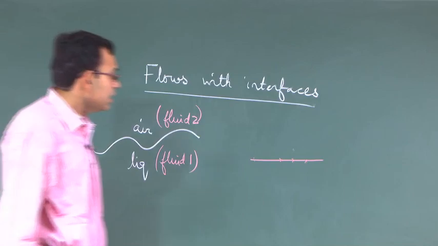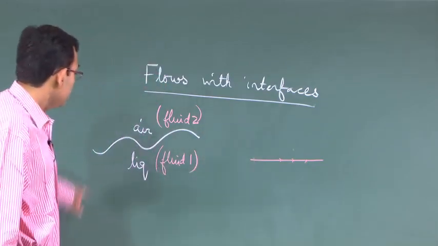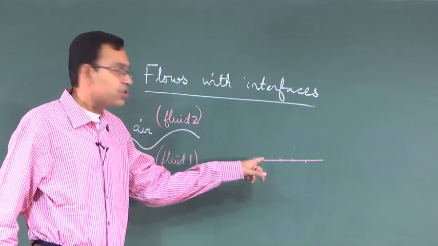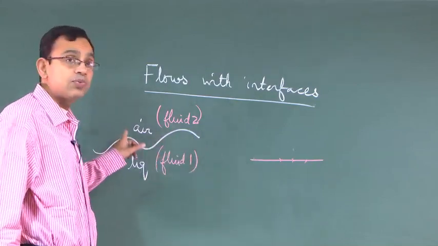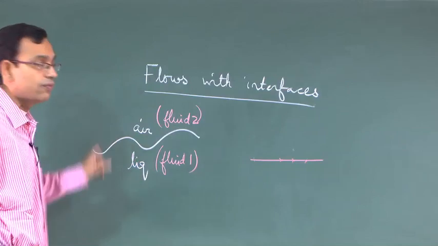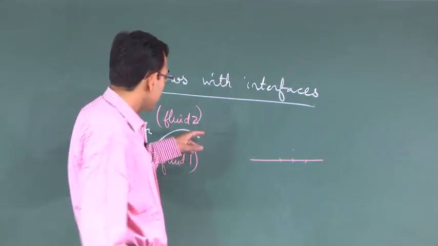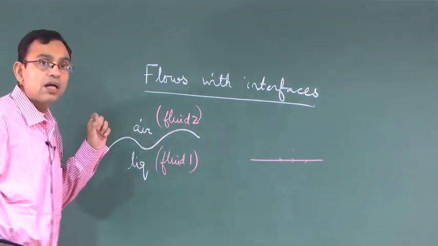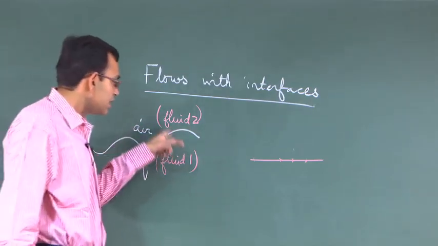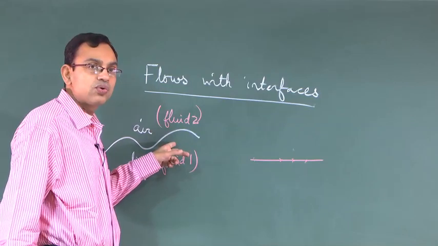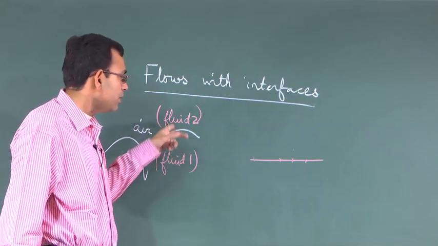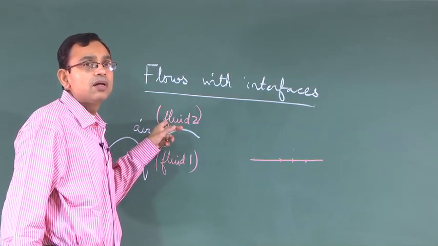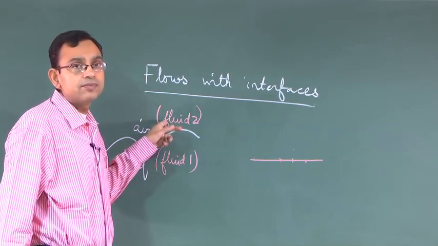The question is, instead of a solid boundary, if you have a boundary like this, the difference between this solid boundary and this boundary we have to conceptually understand very carefully. This is a boundary which can dynamically evolve. This discussion not only pertains to the boundary between two fluids, it could also be a boundary between two elastic or flexible phases.